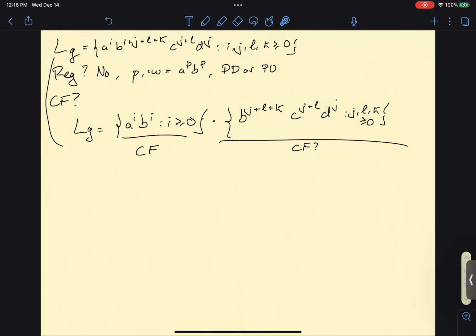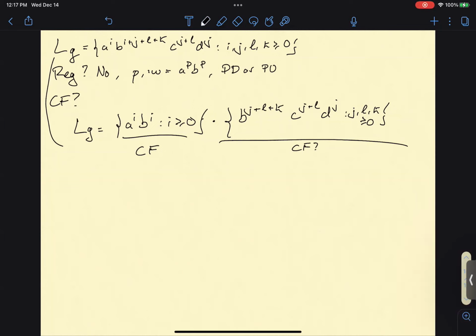But if you use the stack, you've already checked that B's are greater or equal to C's, and so you've already read the C's and you can't go back and check if the number of C's is also greater or equal to the number of D's. So that's probably why it's not context free.